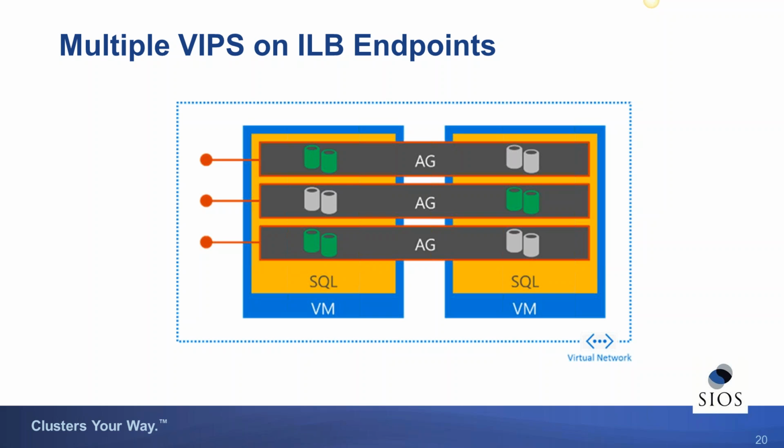If you don't know what I'm talking about, I'll quickly review. Clusters and Always On availability groups in Azure require a little different handling than on-prem. The problem lies in the Azure networking stack not supporting gratuitous ARPs, so your clients cannot communicate directly to a client access point.